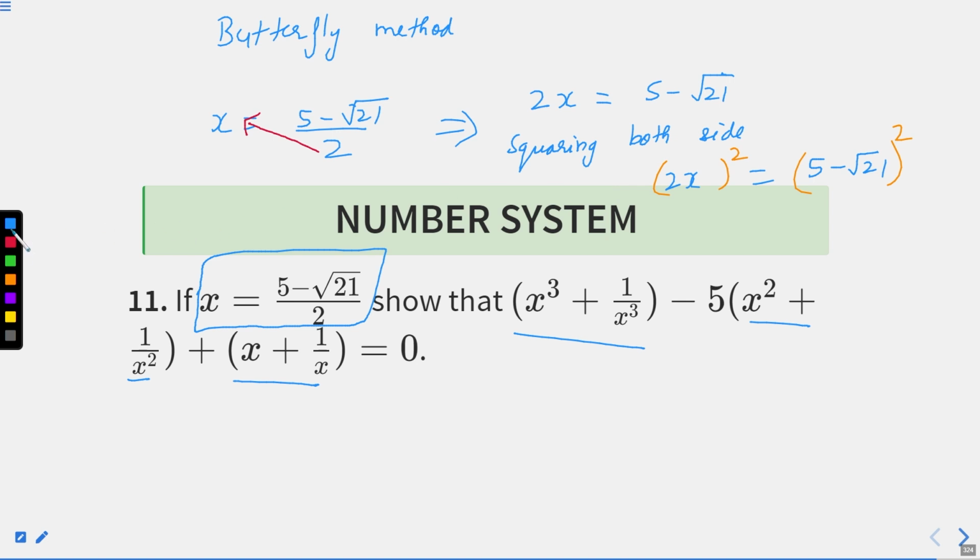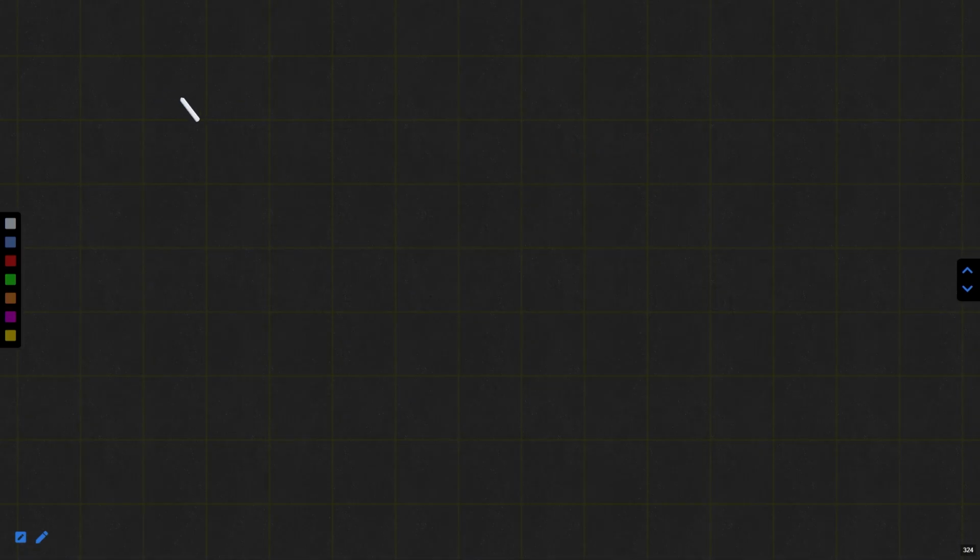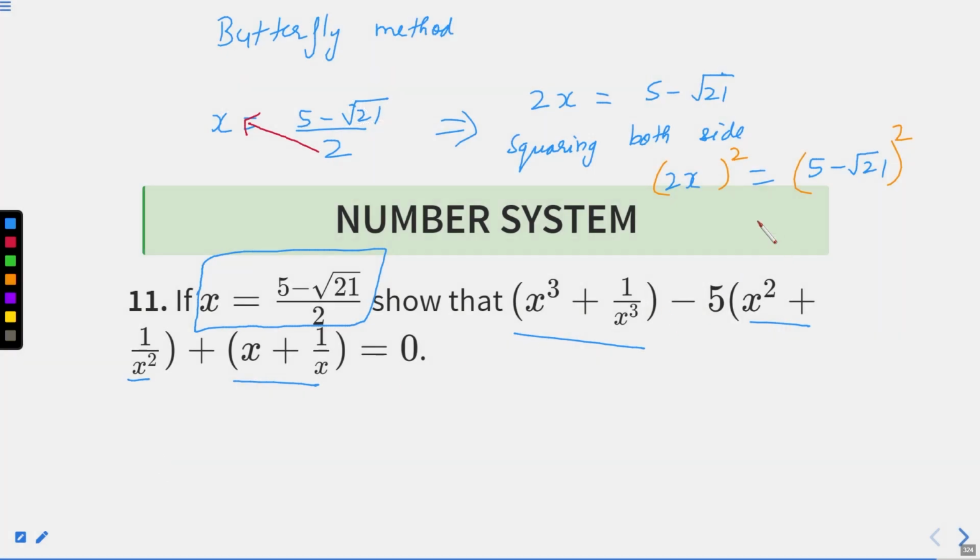Now from the rule of exponents, if you remember, if ab to the power n is given, then the power gets distributed, so a to the n and b to the n. So 2 square and x square. 2 square means 4 and x square is just x square.